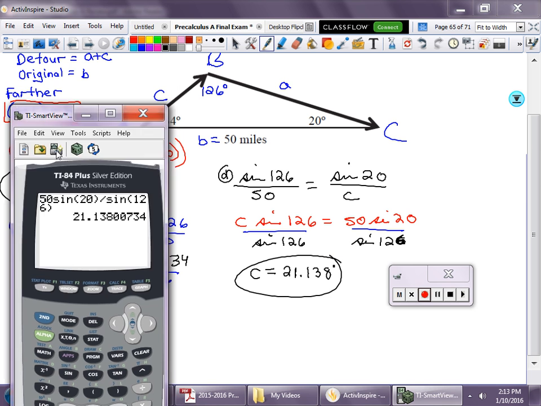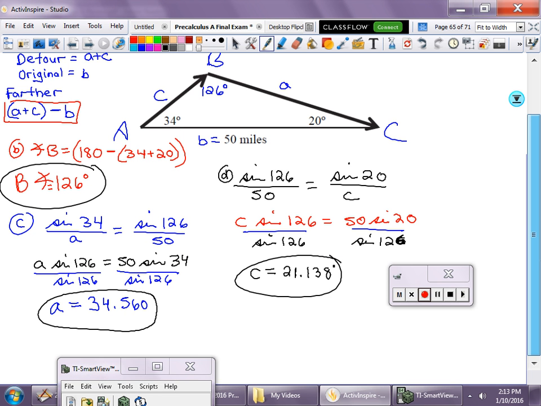So our plan is to find out how long the detour is.